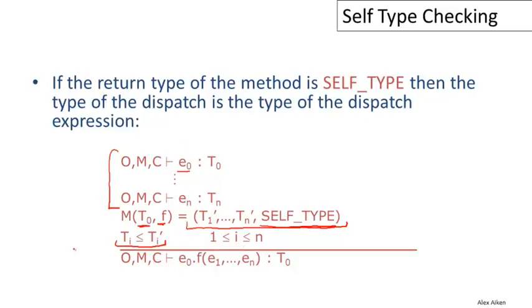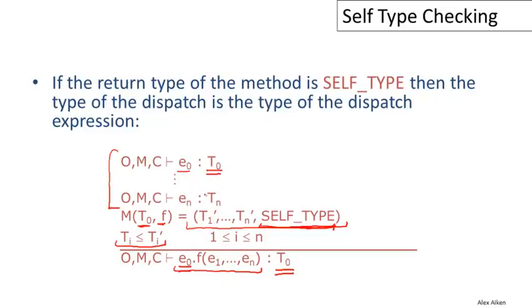And if all of that works out, then we can say that this dispatch is going to have type, oh look, T0. So where did that come from? Well, the return type is self-type, and so the result of this entire dispatch is going to be the type of whatever E0 was. E0 is the self parameter, and whatever type we got for E0 is a sound static type for the result of the entire expression.